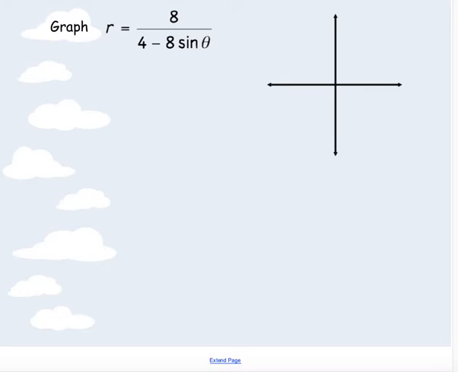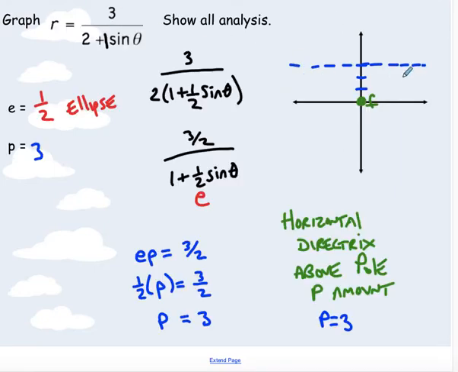So if I'm looking at my picture, I'm guessing that my ellipse is going to look kind of something like this. Like it'll be a little bit shorter up here and longer down here. Now I need to figure out where my vertices are going to go. I know this is going to be a vertically positioned ellipse because the directrix is horizontal.